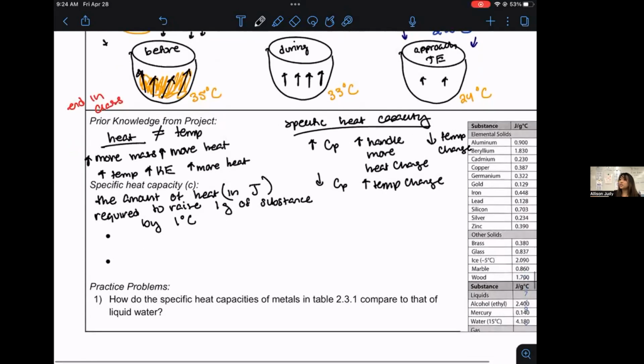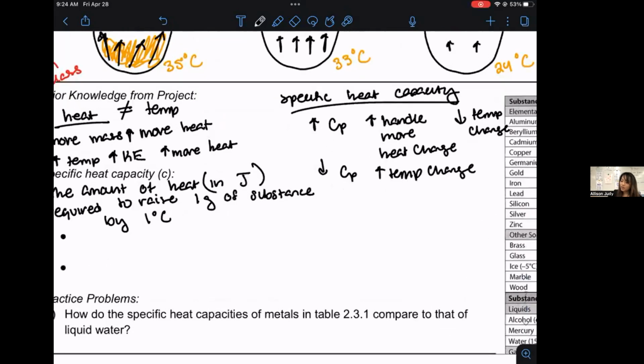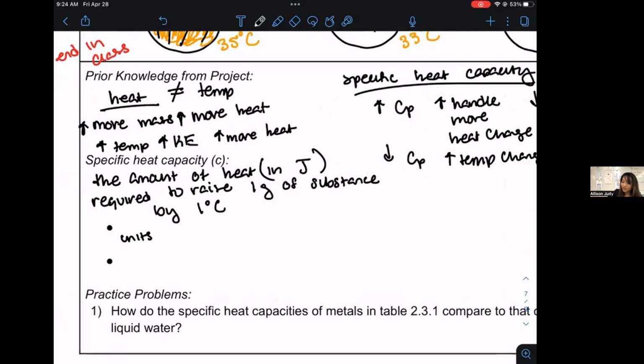So the units of specific heat capacity are always joules per gram degree Celsius. This is how much energy it takes to raise a gram by a degree. Per gram per degree. Okay?